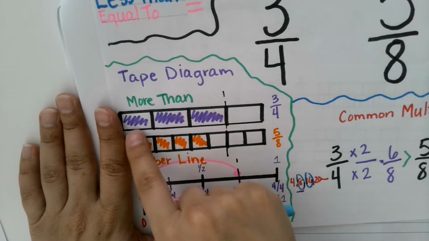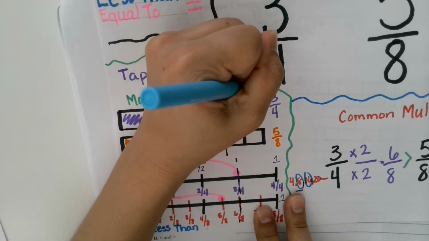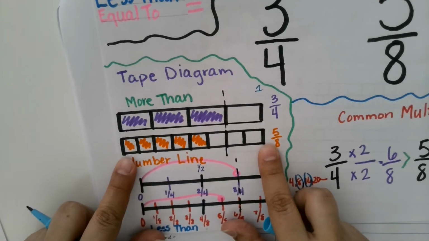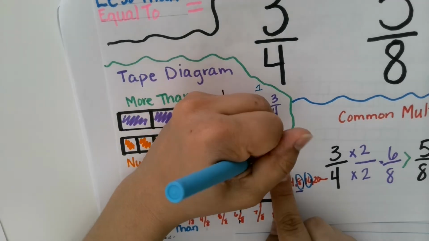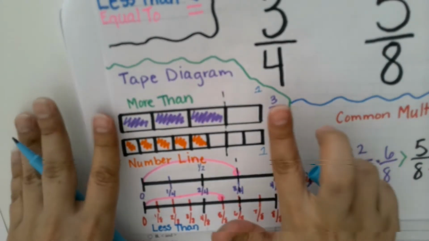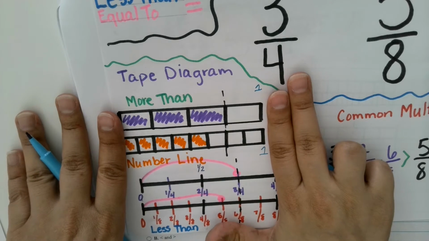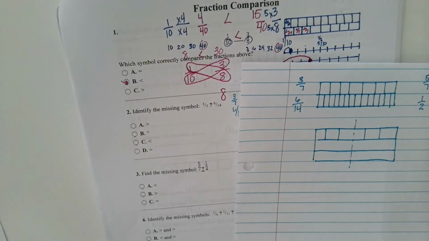If I have 4 total out of 4, it is equal to 1 whole, right? Same thing here. It's in 8 pieces, but if I color in all 8 pieces, it is still equal to 1 whole. So all tape diagrams, when we're talking about fractions, equal 1 whole at the end. So that is why they need to be equal in size.